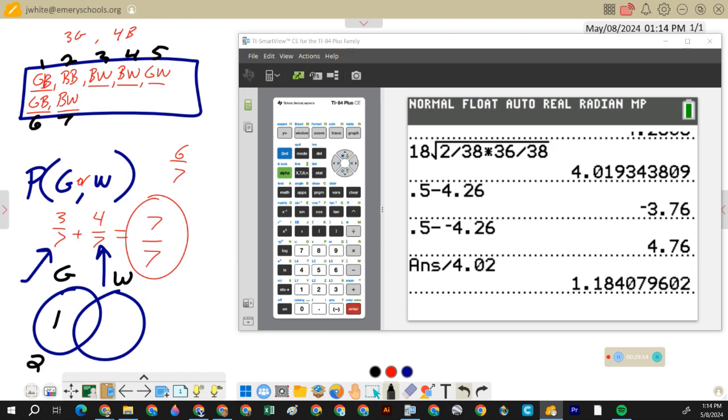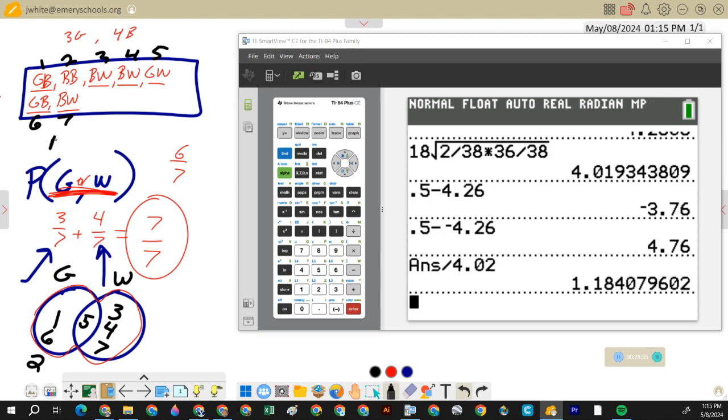Not a girl, not a wrestler. What about person 3? Wrestler but not girl. Person 4? Wrestler but not girl. Person 5? Girl wrestler. And person 6? Girl but not wrestler. And person 7? Wrestler but not girl. Okay? So if I want girl or wrestler, then I'm looking at this.